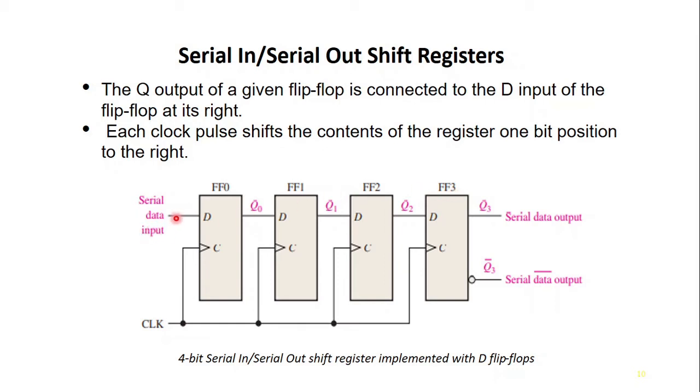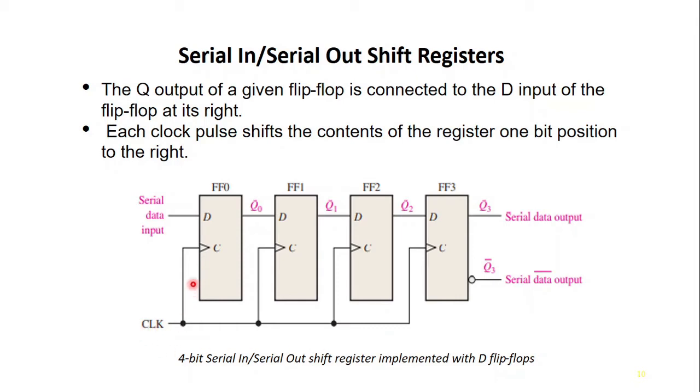And each flip-flop has a single input D. This is the input for the register itself, and the next flip-flop's input is connected to the output of the first flip-flop, and the same with the third and fourth flip-flop. The last flip-flop's output is the output of the register.